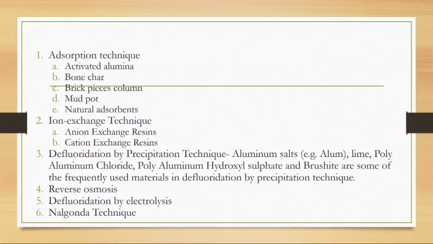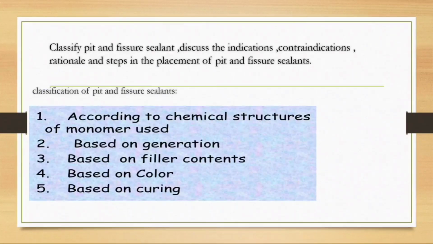Now we have pit and fissure sealants, its indication, contraindication, rationale. It is very detailed, studied in conservative dentistry, in public health dentistry. So it is a very common question. It's a very easy question. We need to write under different subheadings. Like one is classification.